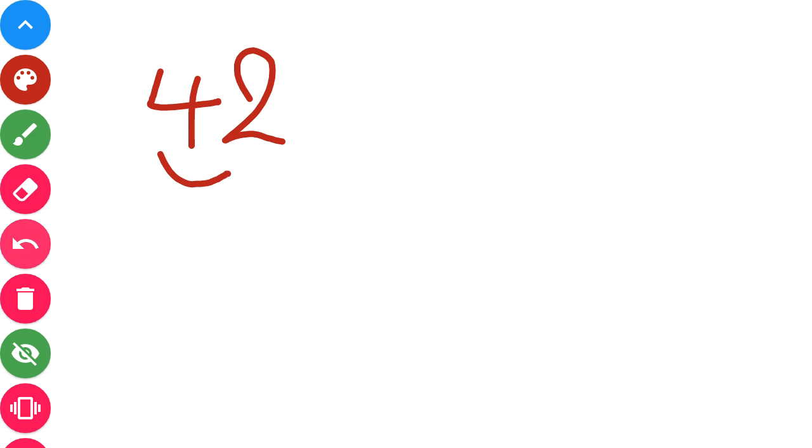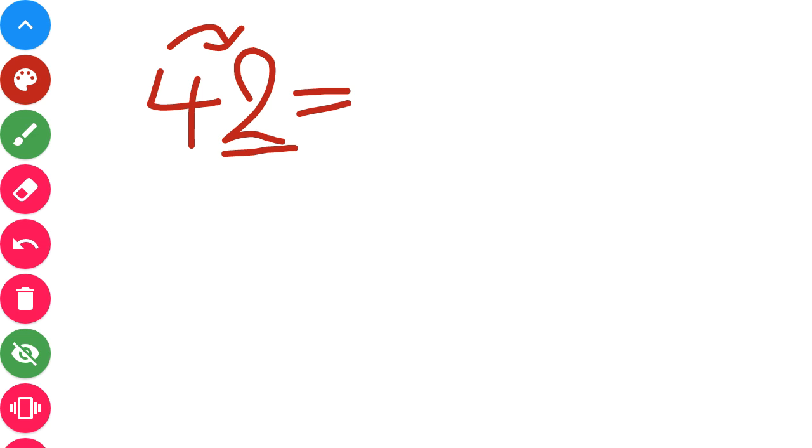So 42: 4 is at the tens place, but we will see the ones. 2 is there at the ones place. Now we will compare this 2 with 5. Tell me kids, is 2 greater than 5 or smaller than 5?